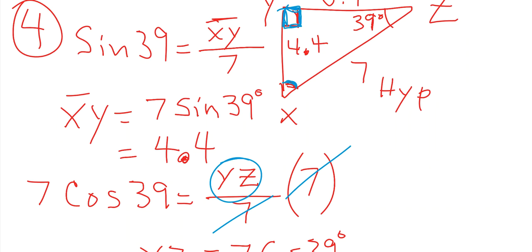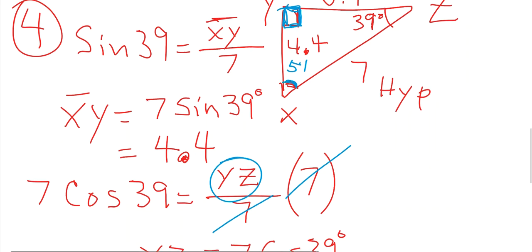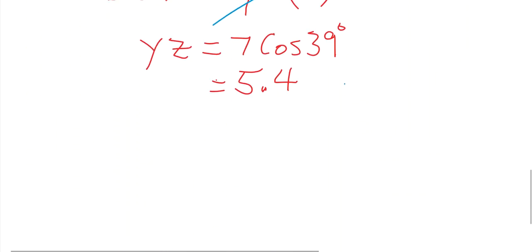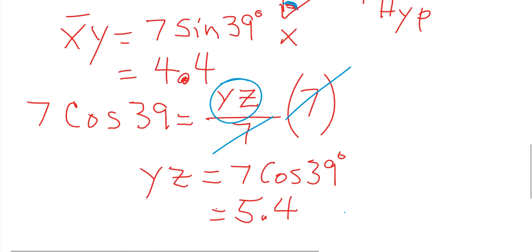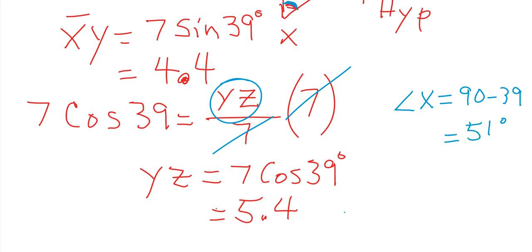Well, 39 is almost 40. So this is going to be 51, isn't it? 51 degrees. So we can just write it in, 51 by subtraction. So angle X, and this is how we can label it. Angle X is equal to 90 minus 39, which is equal to 51 degrees, okay?